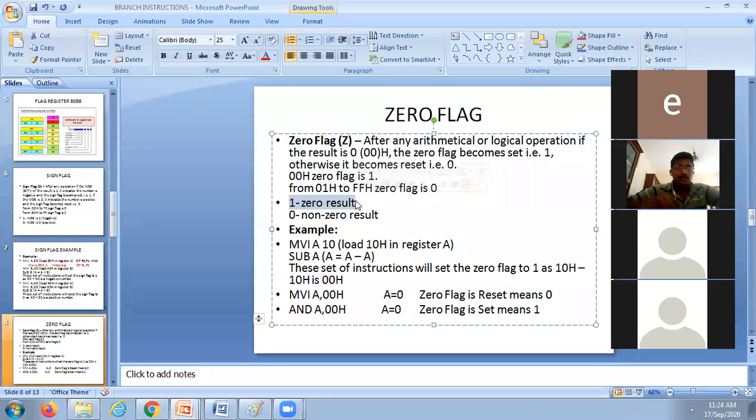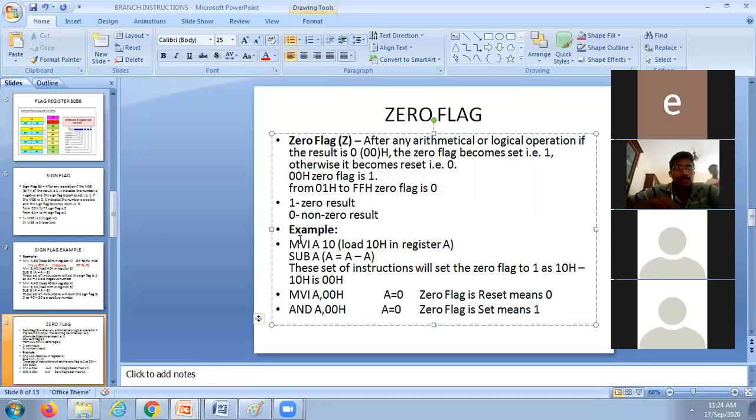If you get the result as 0, then the zero flag is set. If the result is not 0, the zero flag is reset, that is 0. If the result is 0, it is set. If the result is not 0, it is reset. Reset means 0, set means 1.